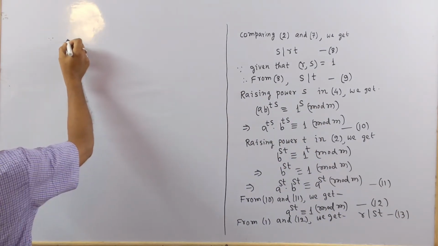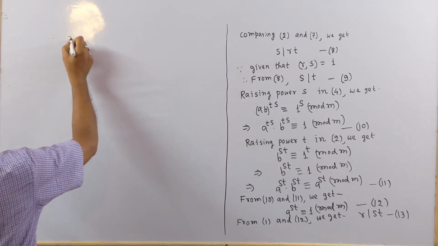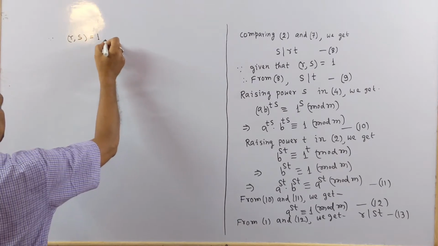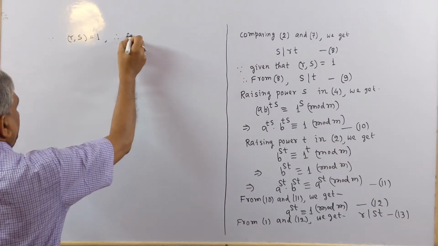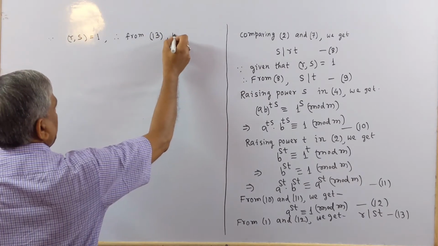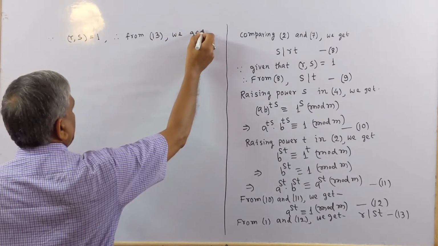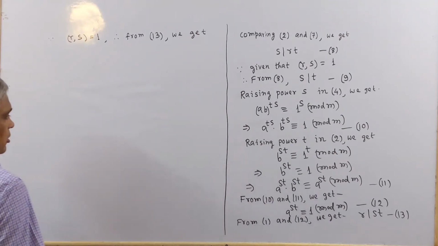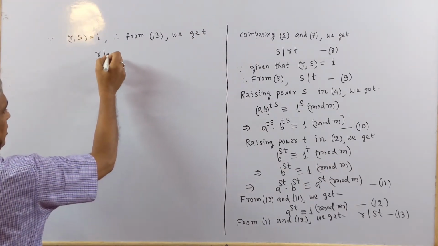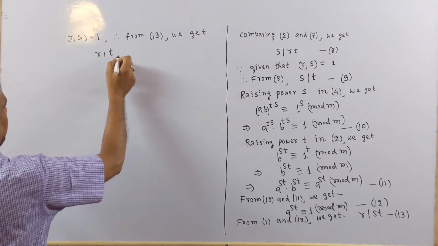Since GCD of r and s equal to 1, therefore from 13 we get r divides t.